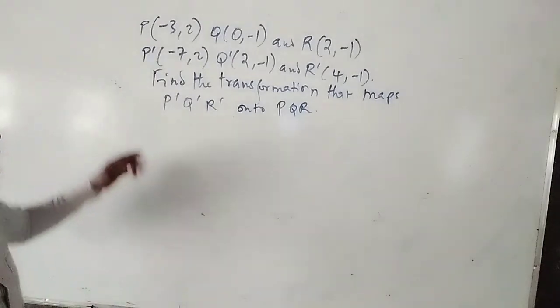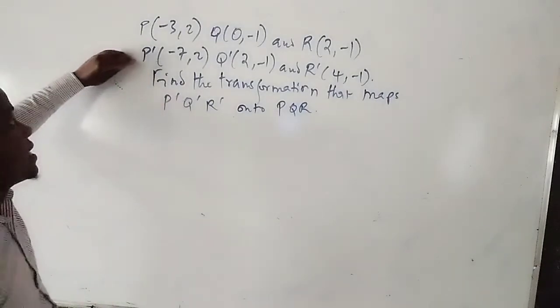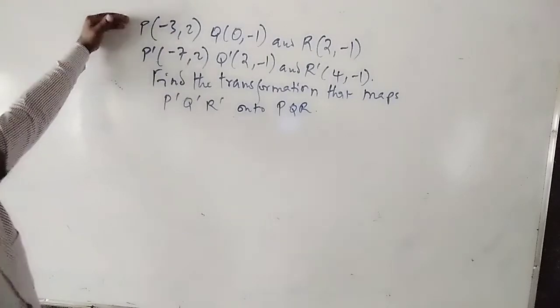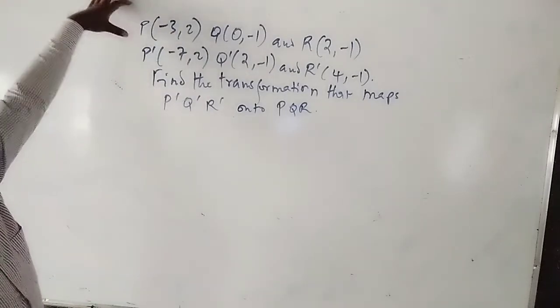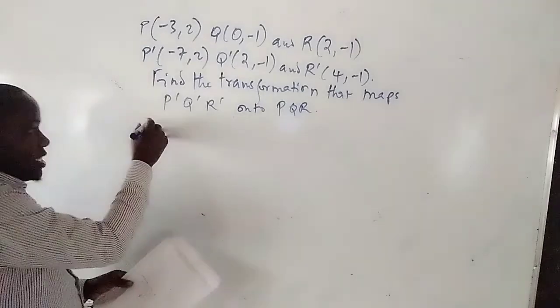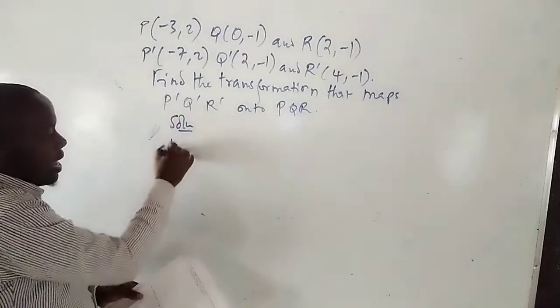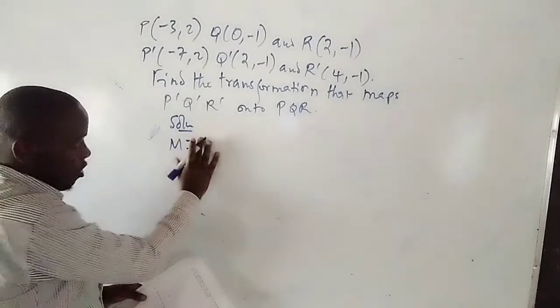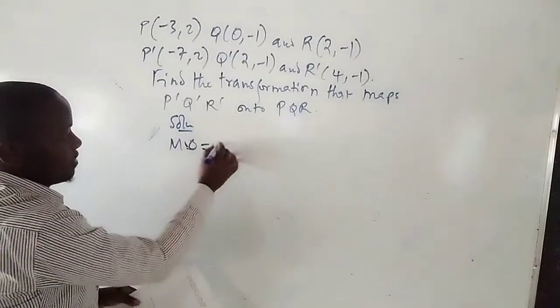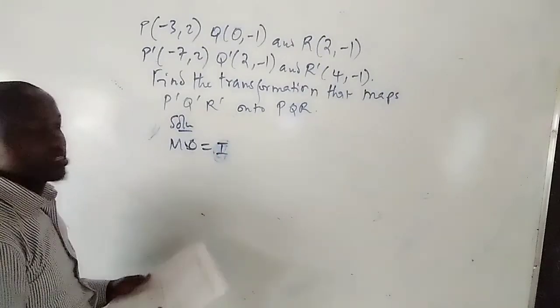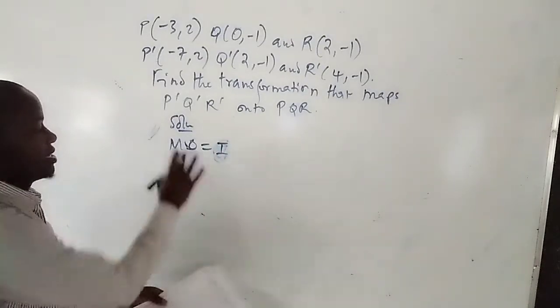Therefore, we are finding a transformation which can reverse this triangle to the original one. Therefore, we usually say that a matrix times the object gives us the image.